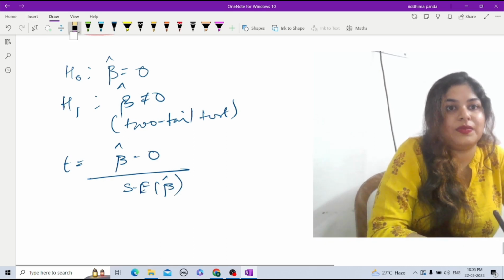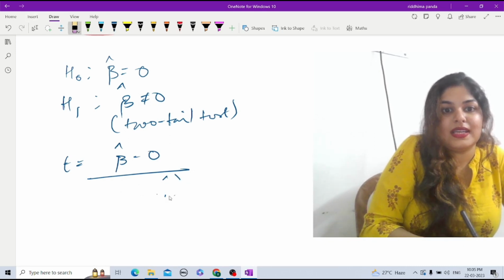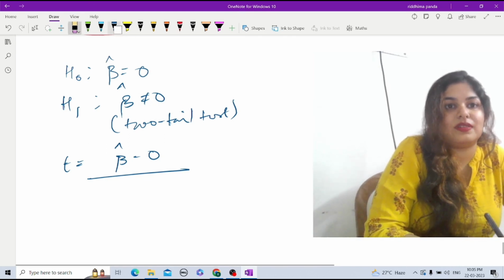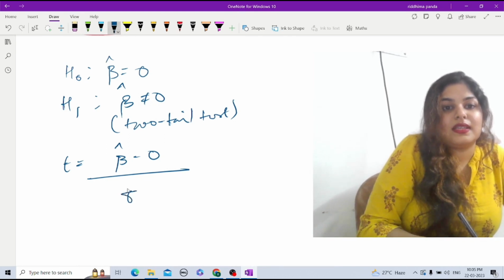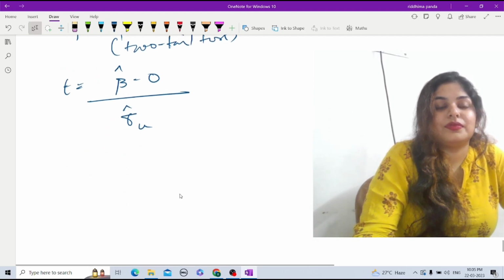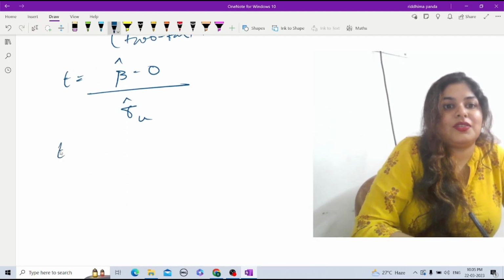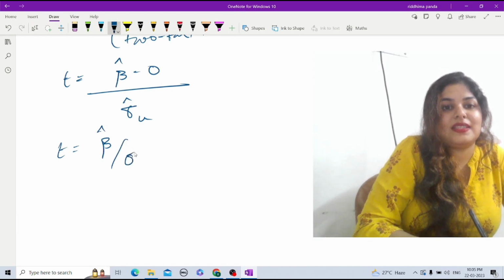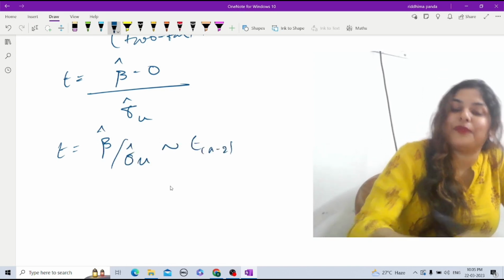Not the standard error of beta hat; here we are using the unbiased estimator, that is sigma hat u. So t equals beta hat by sigma hat u square. So this follows t with n minus 2 degrees of freedom.